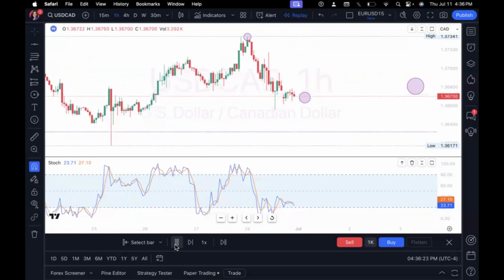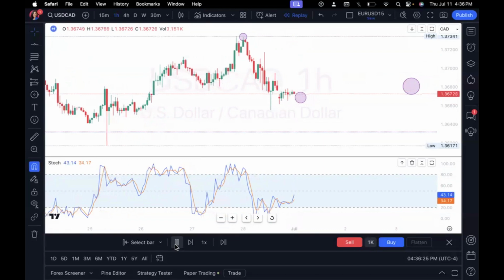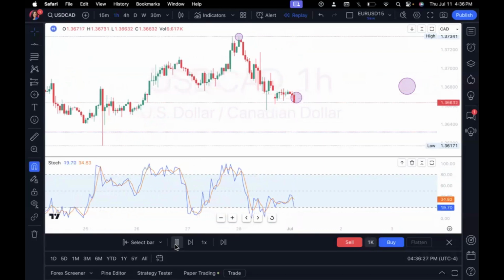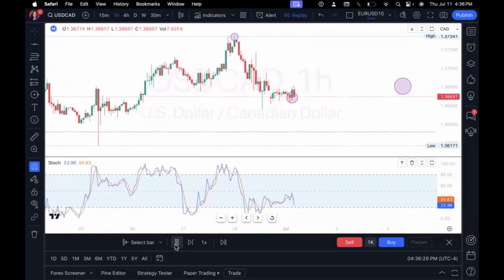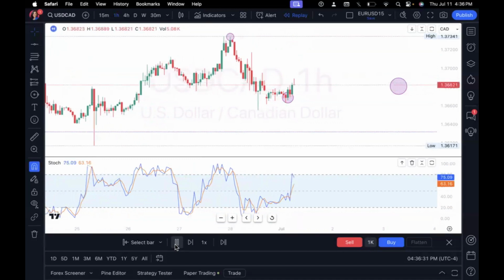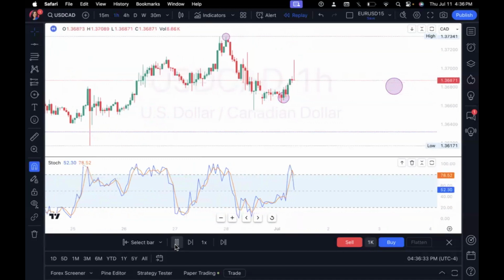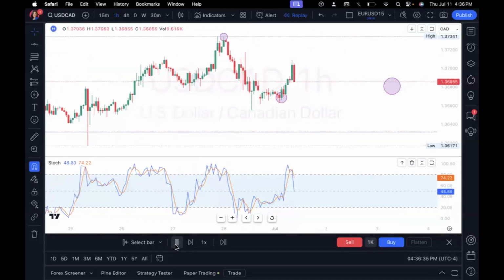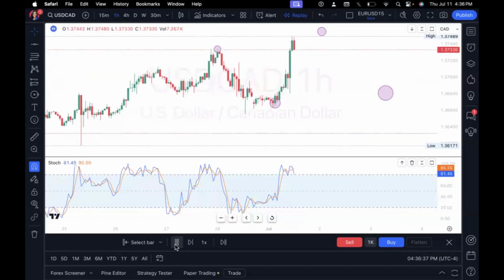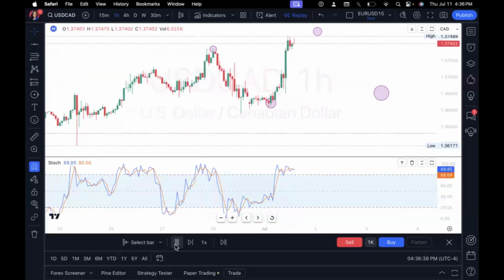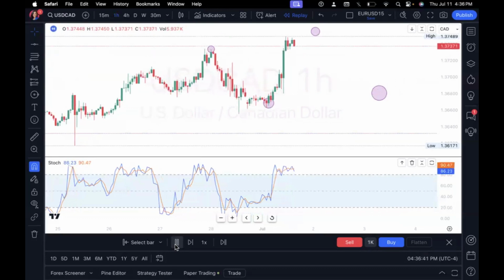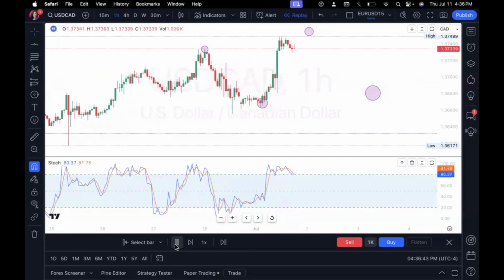And also when you see that the stochastic starts to face up, when you see that the blue line is above the orange line, and when you see that one or both of those lines have crossed above 20, 50, or 80.